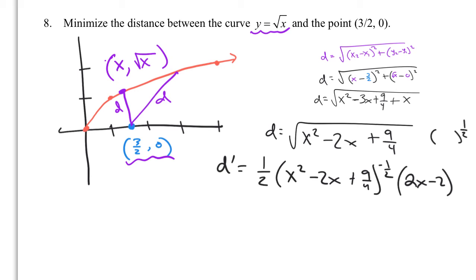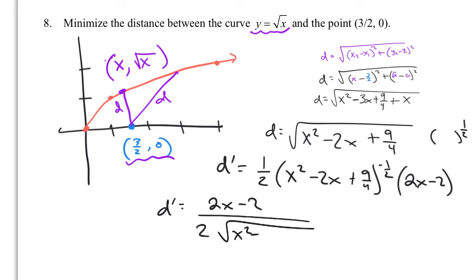All right, so then let's rewrite this. So this is going to be d prime equals 2x minus 2 on the top over 2 root x squared minus 2x plus 9/4 on the bottom. And I care about when the derivative is 0 or undefined.